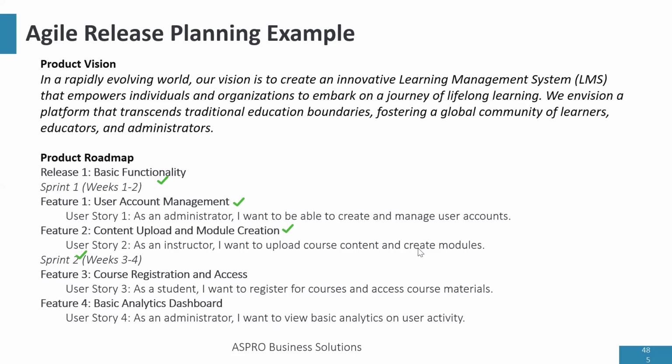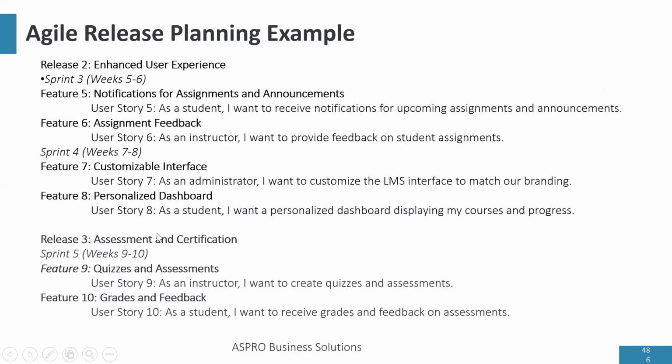So in the first release, we have 2 sprints, which means the first thing you're going to release to the public are the fact that an administrator can create user accounts and instructors can start uploading the modules they've created. That's what we're saying.